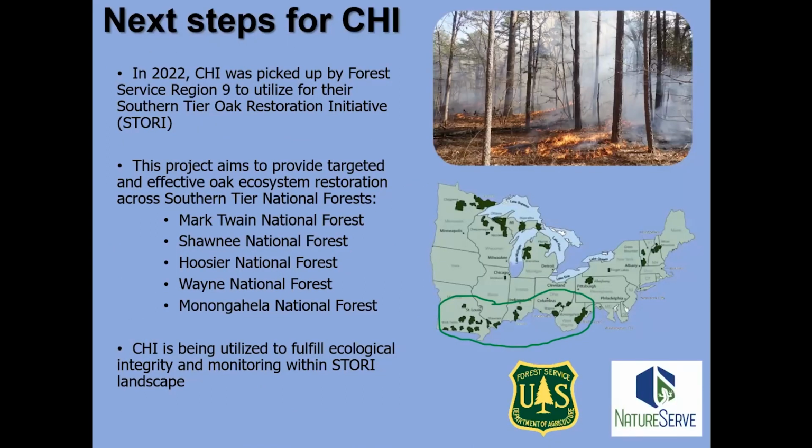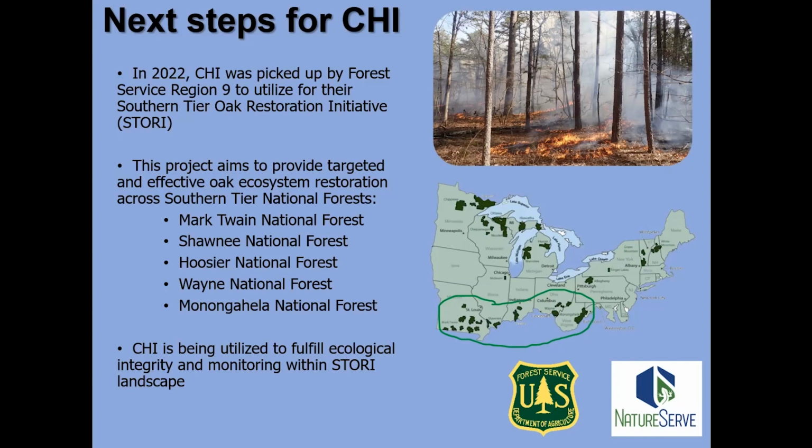So, the next steps for CHI work. In 2022, CHI was picked up by Forest Service Region 9 to utilize for their Southern Tier Oak Restoration Initiative. This is looking at oak regeneration within a variety of different landscapes.